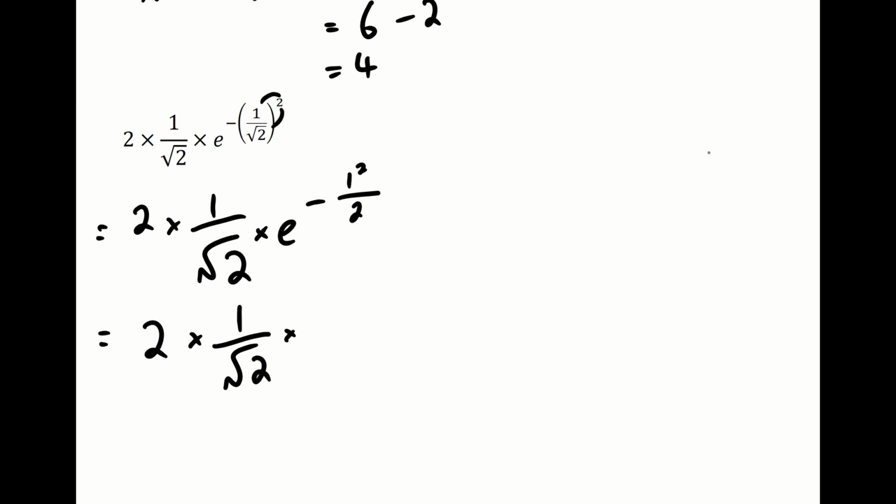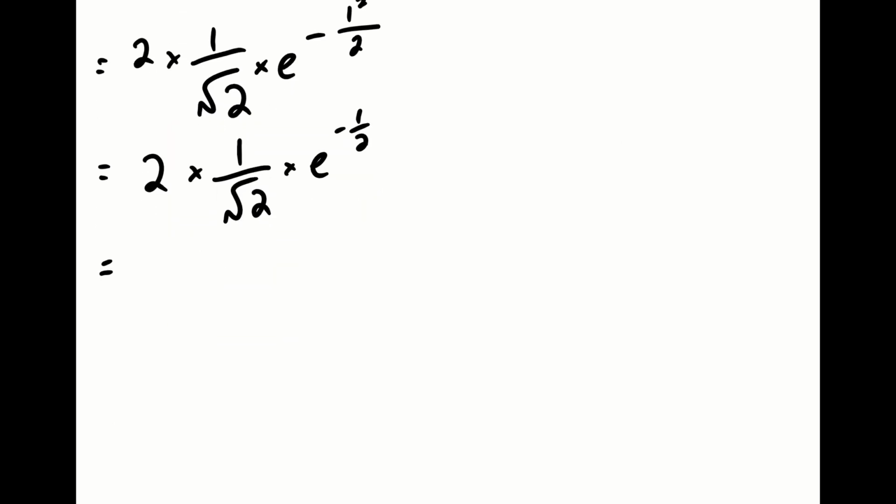Okay, so it's really e to the power negative 1/2. I can multiply all these fractions. So 2 on root 2, and I have e to the power of negative 1/2 on top as well. So looking at this, I might think, hey, there's nothing I can do to simplify these fractions.